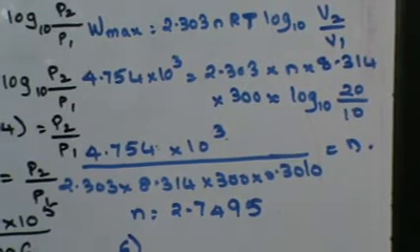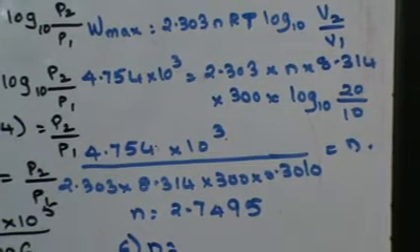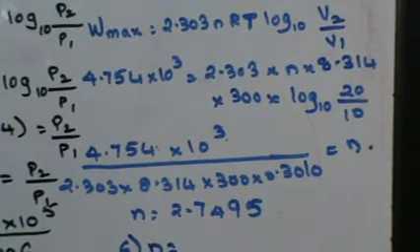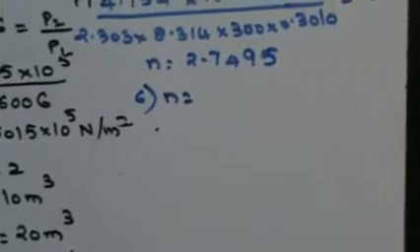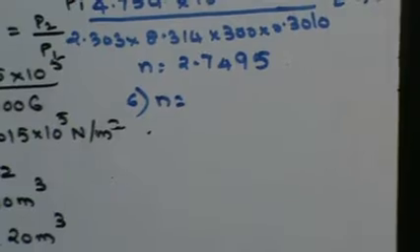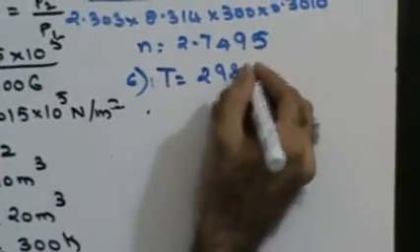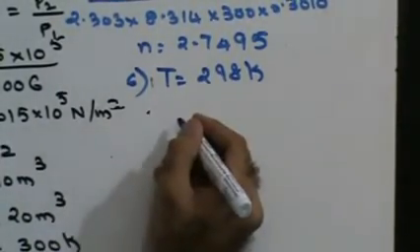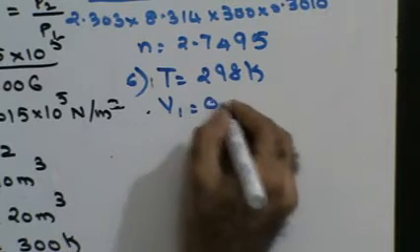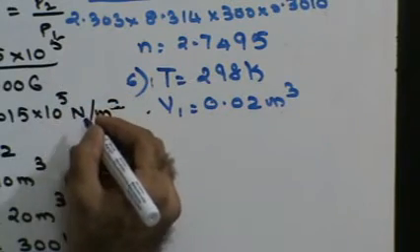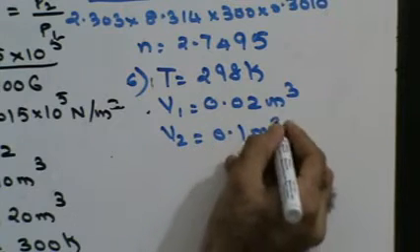5 moles of an ideal gas is allowed to expand isothermally and reversibly at 298 Kelvin from 0.02 meter cube to 0.1 meter cube.